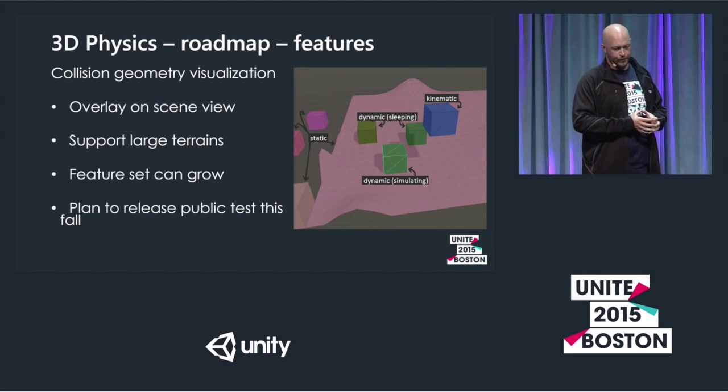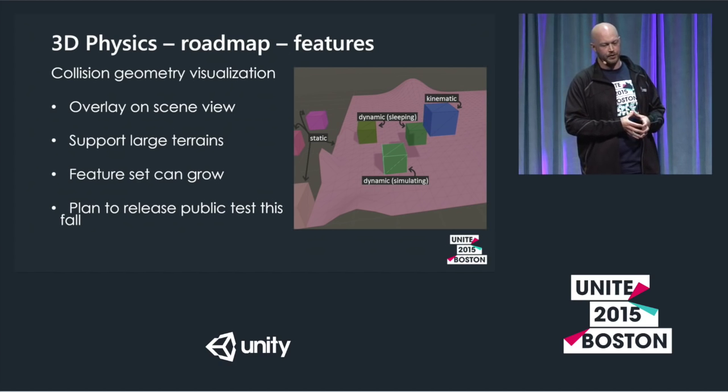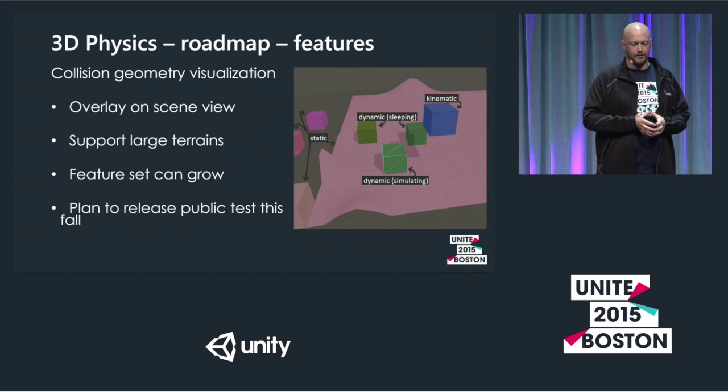In the short to medium future is a debug visualization for the collision geometry. We find that it's very hard to see which objects in your game actually have collision on and where the collision is, and how do you get authoritative information about that.